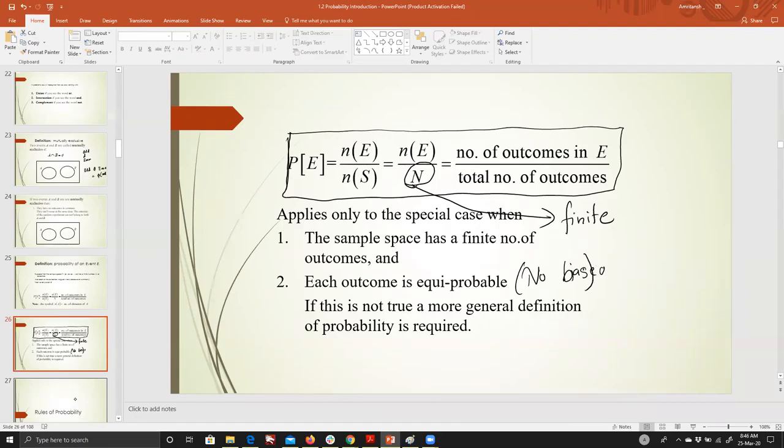So this is not the number of samples. This means the size of the sample space, that means the total number of outcomes.